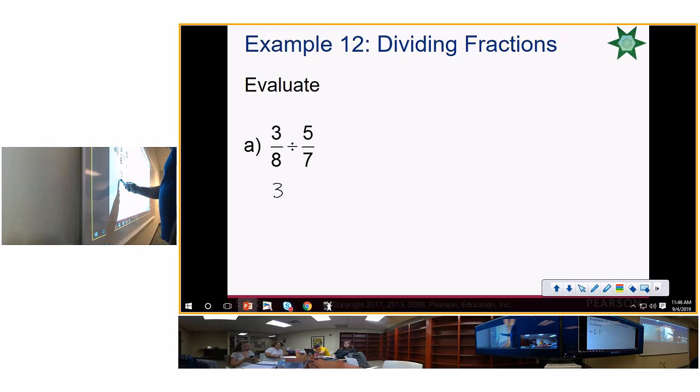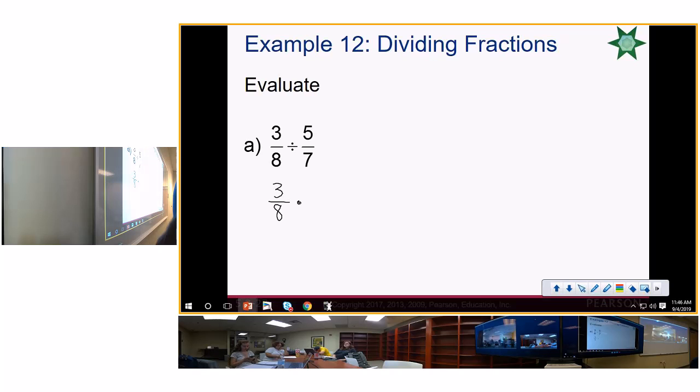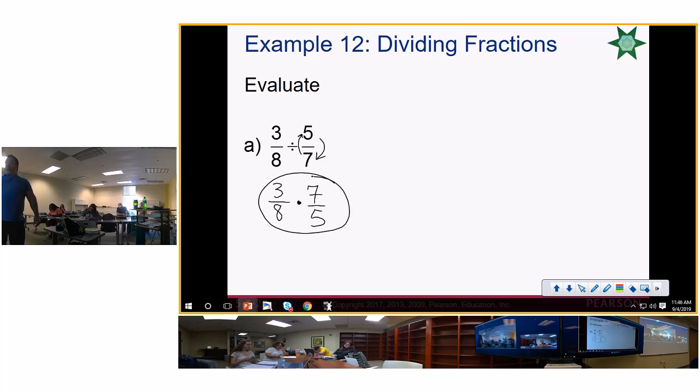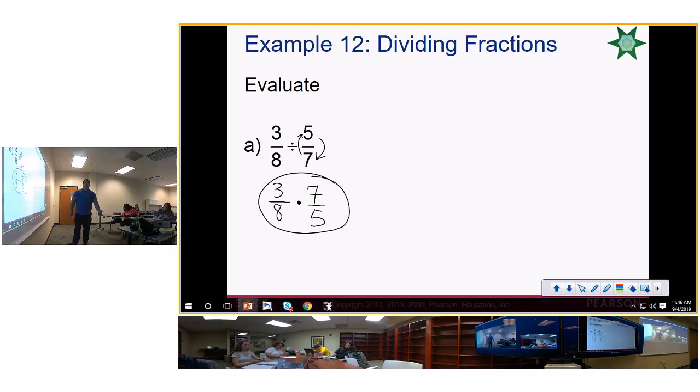So I'm going to write 3/8 multiplied by, what is the flip-flop or the reciprocal of 5/7? 7/5. So this is what you end up doing. Technically, there is no division of fractions. You multiply by the reciprocal. No coughing in class. 3 times 7 is 21. 8 times 5 is 40. That's the same one we did a while ago, I believe.